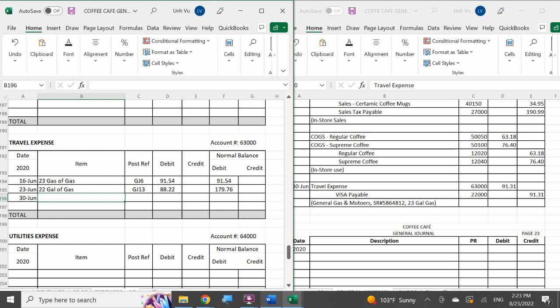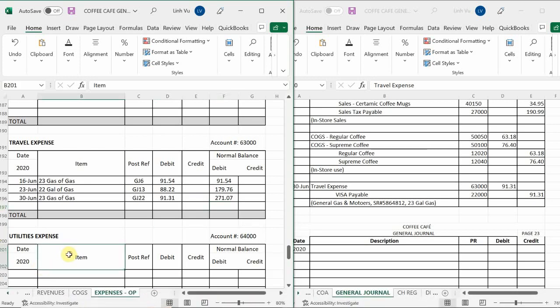We purchased 23 gallons, was it? Yes. On page 22 for 91.31. So the balance is 27107. Good.